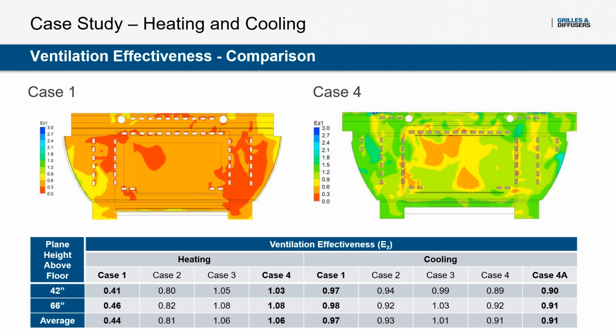So what changes did we make? Really we made the changes based on the heating case, because as we can see in the cooling, the ventilation effectiveness in case 1 was already very good. We were already getting the air into the occupied zone.